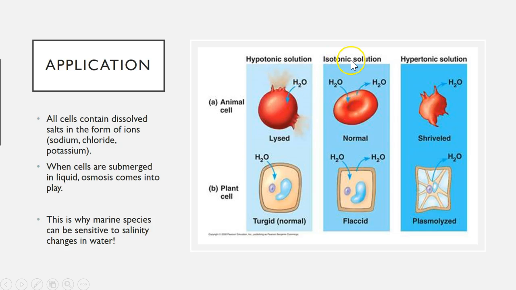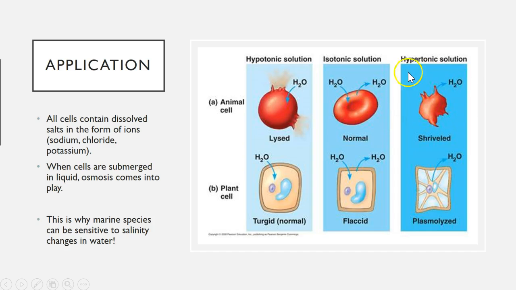An isotonic solution is a solution where the salt content is the same on the outside and the inside of the cell. We're going to see that a lot of marine invertebrates actually just take on whatever salinity is outside of the cell, and so they are able to have an isotonic solution, and that's how they are able to deal with it.